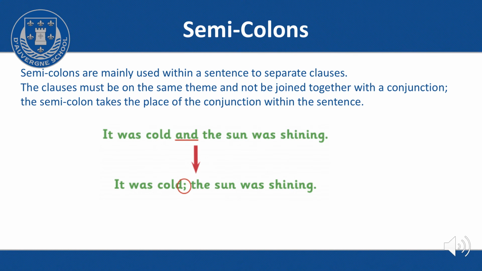The clauses must be on the same theme and not joined together with a conjunction. The semicolon takes the place of the conjunction within the sentence. So the example, it was cold and the sun was shining. Or with the semicolon we can have, it was cold, semicolon, the sun was shining. So here the semicolon has replaced the word "and".